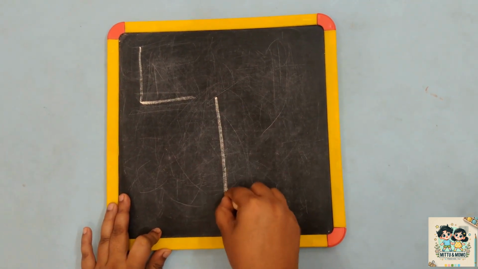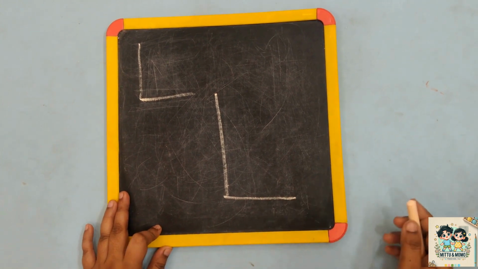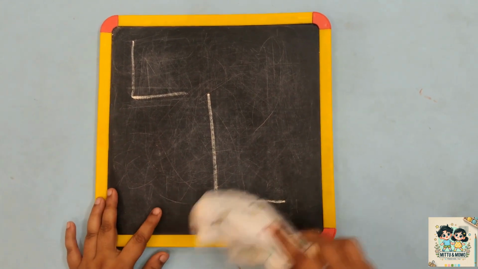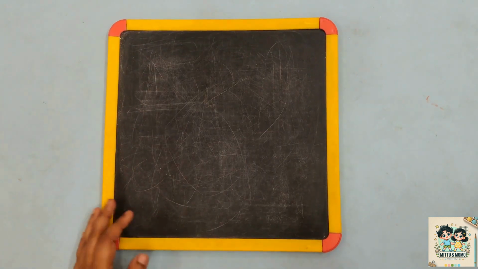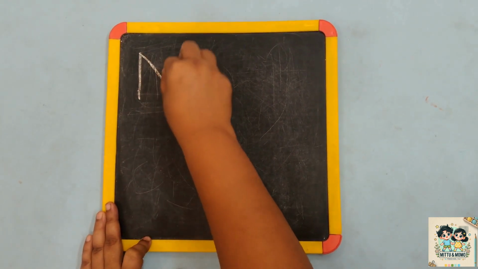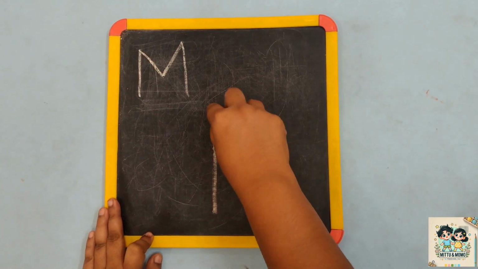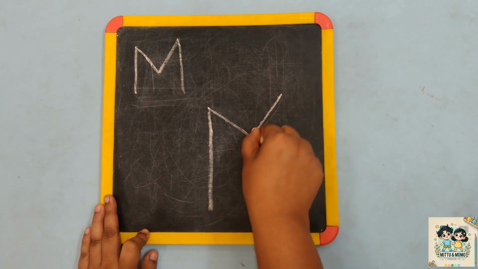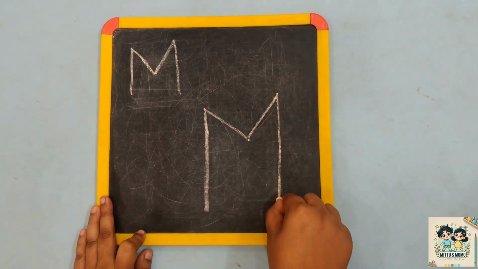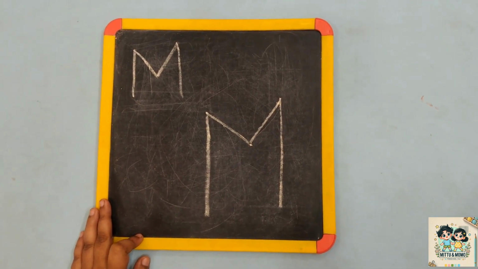One standing line, one sleeping line. This is L. And next letter M. One standing line, one left slanted line, one right slanted line, and one standing line, which makes M.